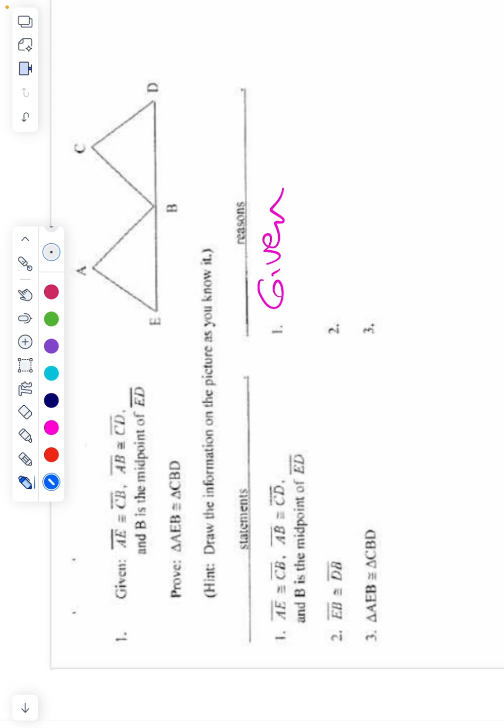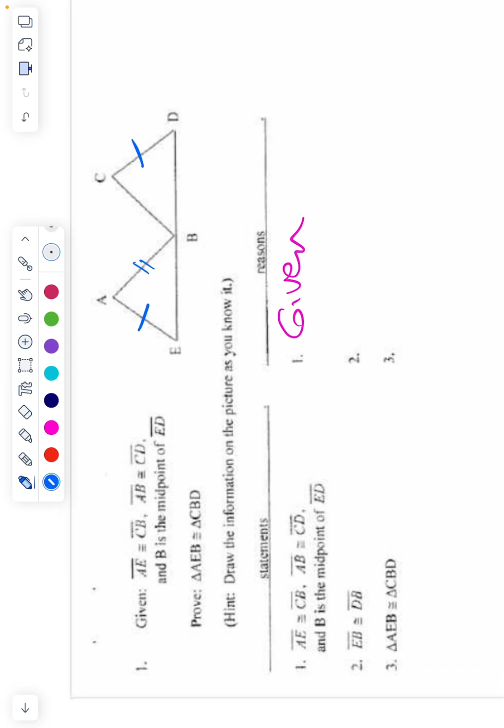Yeah, especially with these, because we are looking for the notation every time. So we have AE and CD, and AB and CB. Sorry, I said it wrong. I marked it wrong. Do you see that?